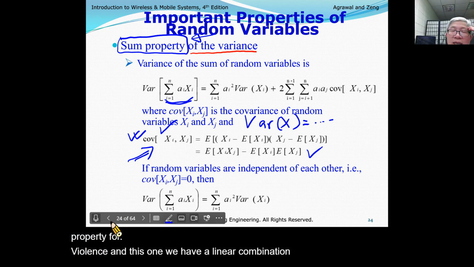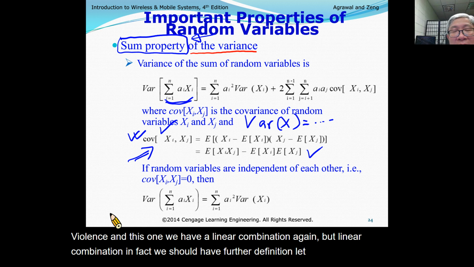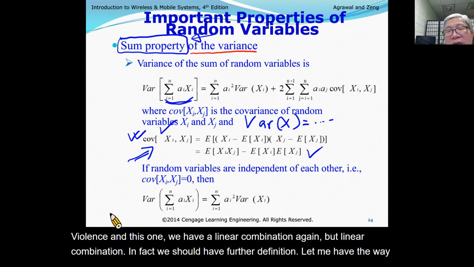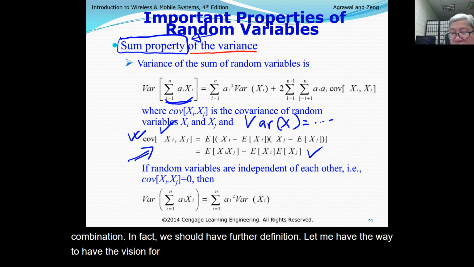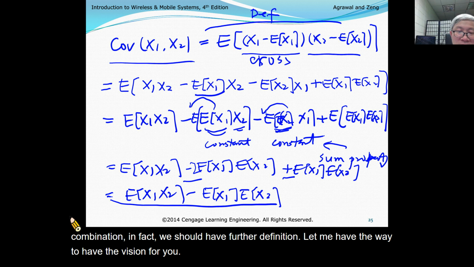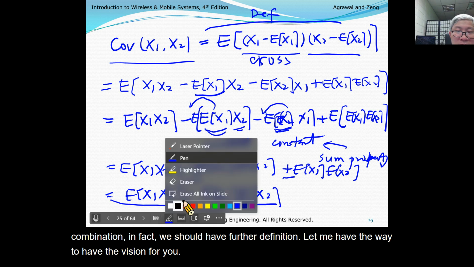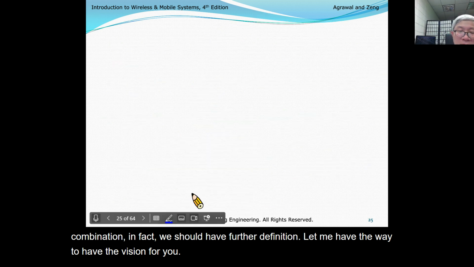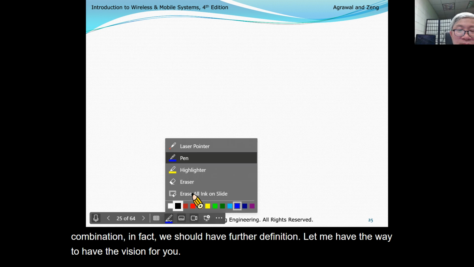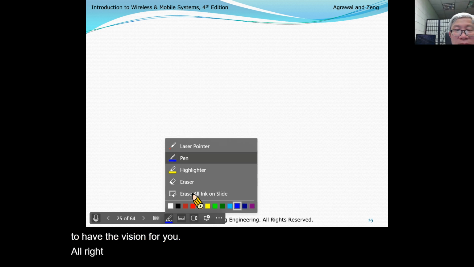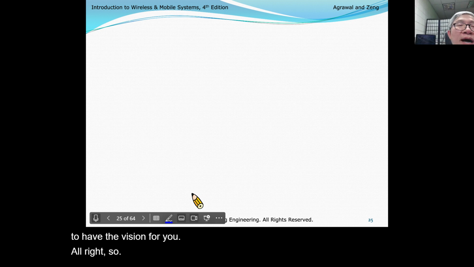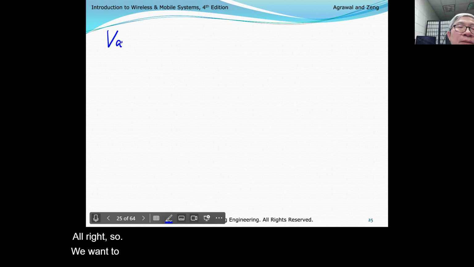But for linear combination, in fact, we should have the definition. Let me have the derivation for you. All right, so we want to have a variance, this one, linear combination.